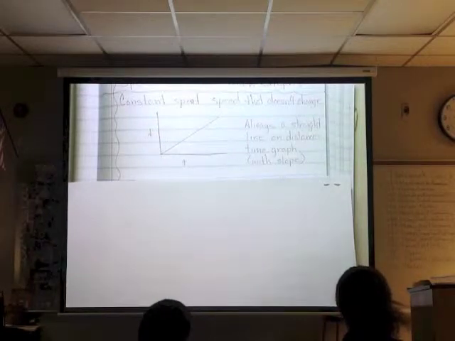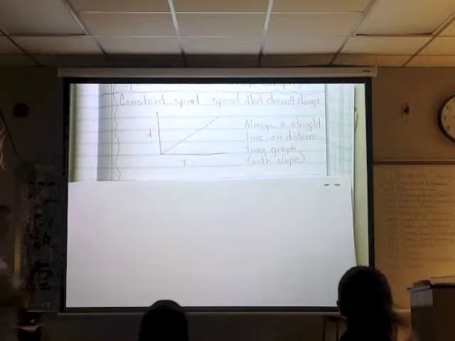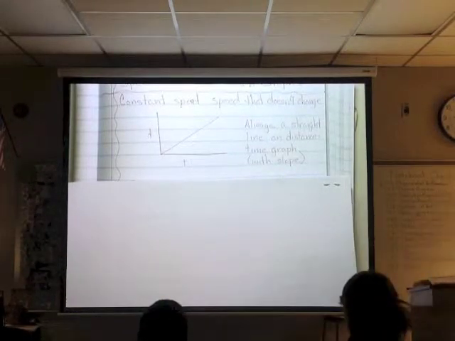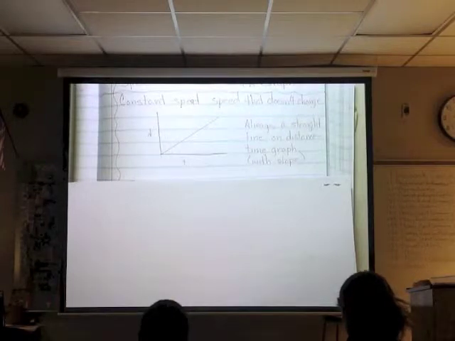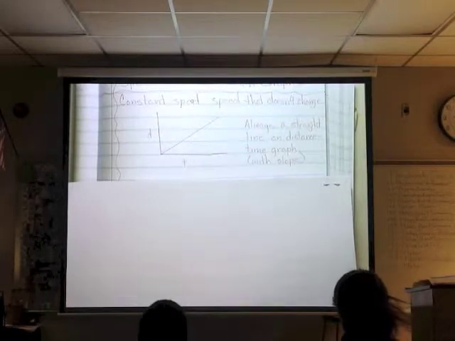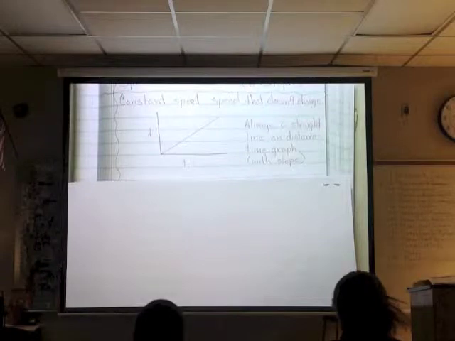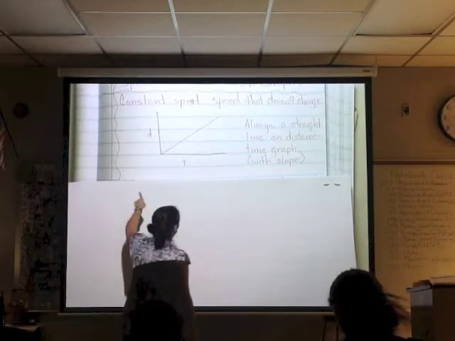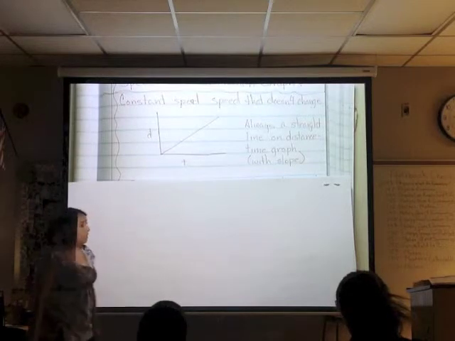When we think of those graphically, because when we start looking at speed and acceleration, you have to know how to calculate them. But more importantly, you need to be able to look at a graph and know what you're seeing. So when you look at speed, we look at a distance time graph. So we see how far it went in a specific time.